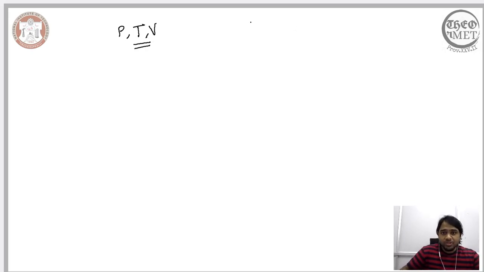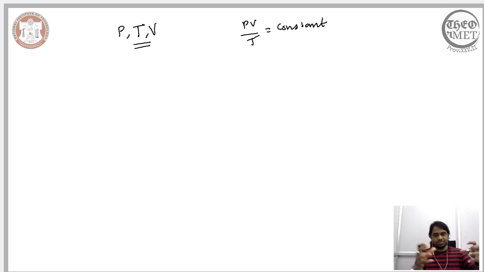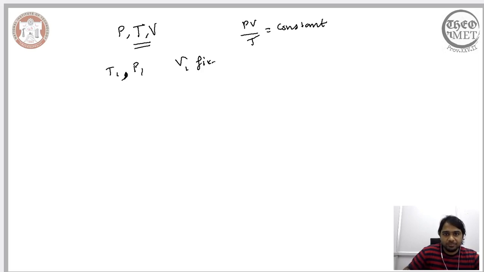Now we saw that there is a relation between these three variables that helps us categorize them into dependent and independent variables. In addition to that, the state of the system can be fixed by fixing the independent variables. What we mean by that is, if I fix my temperature at T1 and my pressure at P1, then because of this expression here, my volume V1 is also fixed.